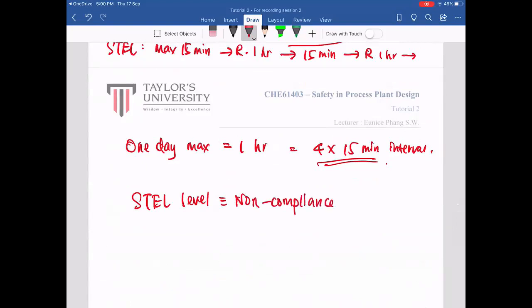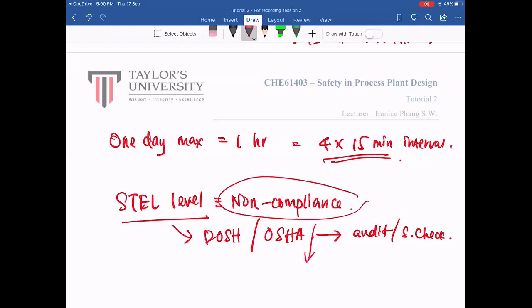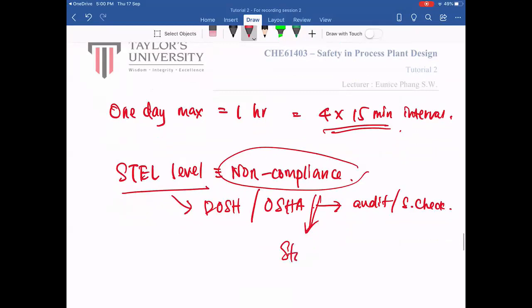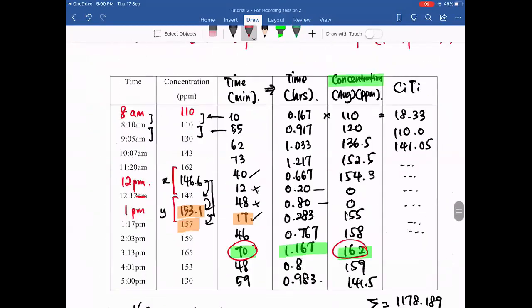When we say non-compliance, it means that if, let's say, DOSH or OSHA, depending on which country you are in, come in and do an audit or a spot check, and find out that you have a non-compliance here, what happens is immediately you will be given a ticket that you will have to stop operation until you reduce this level, until it is compliant.